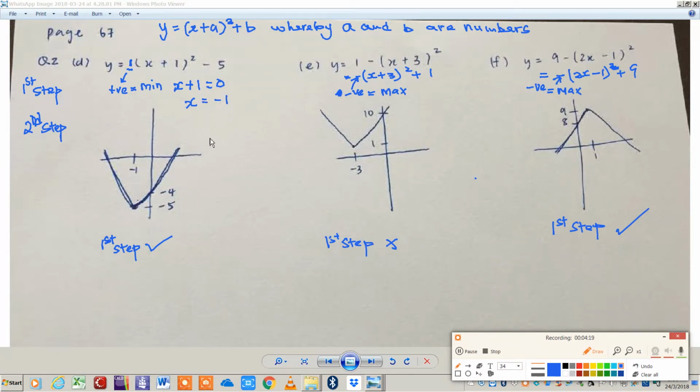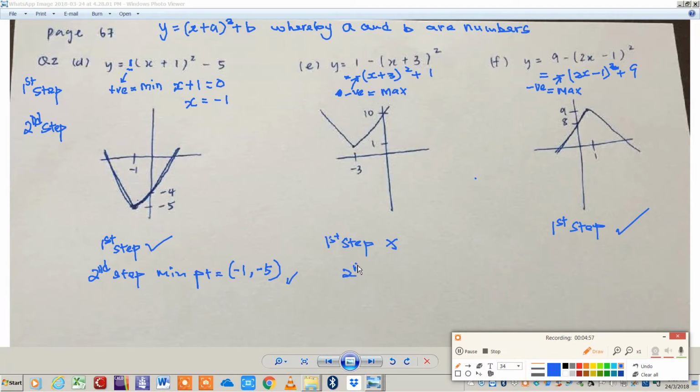So the minimum point, second step here, you got a negative 1, you put it here. Okay, that's the x coordinate. Then you look at this value here, this minus 5. This minus 5 is the minimum y value of the curve. Okay, you put a minus 5 here. So this is a minimum point, minus 1, minus 5. So you got this correct.